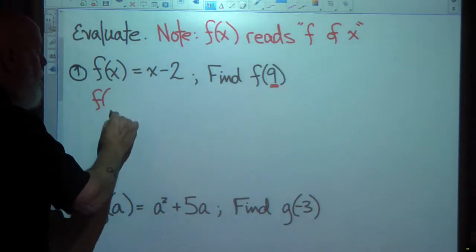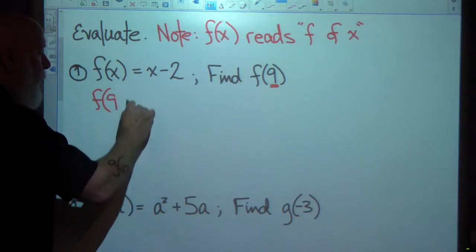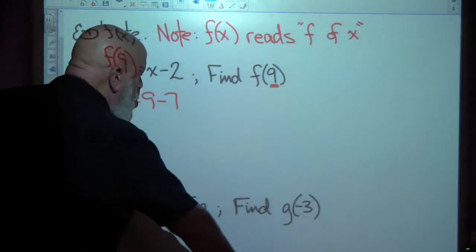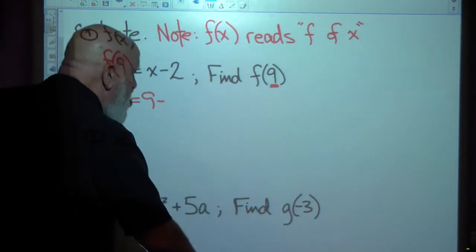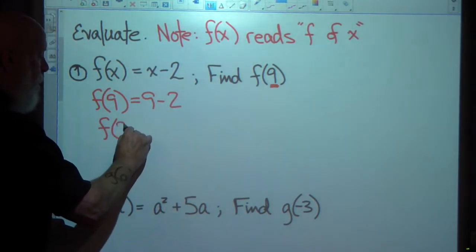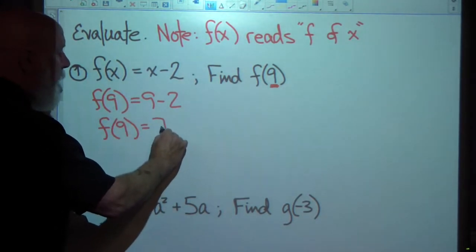F of 9, so instead of x, we now have a 9, is equal to 9 minus 2. And then we can say that f of 9 is equal to 7. And we'll be finished.